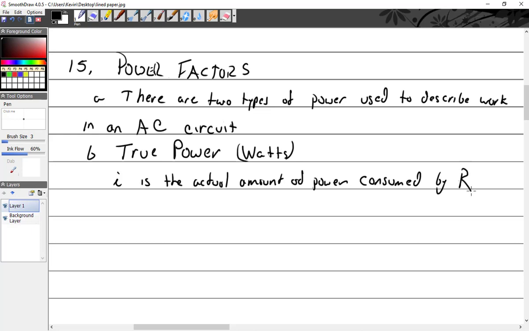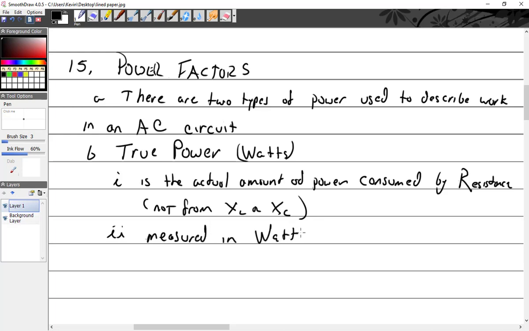I'm just going to write big R, resistance, which is to say, not from XL or XC. Measured in watts, which is also P, symbol P.